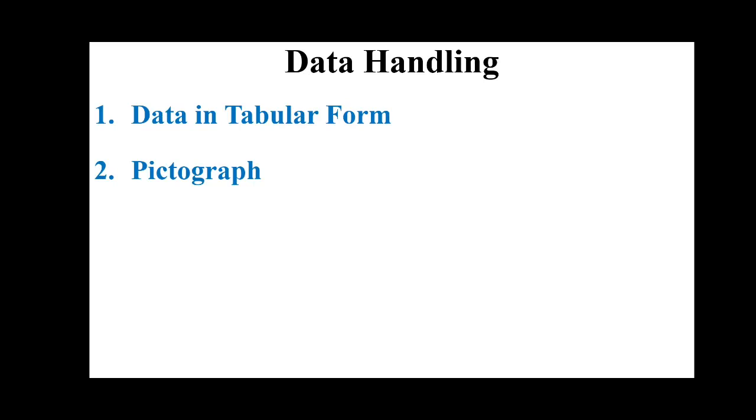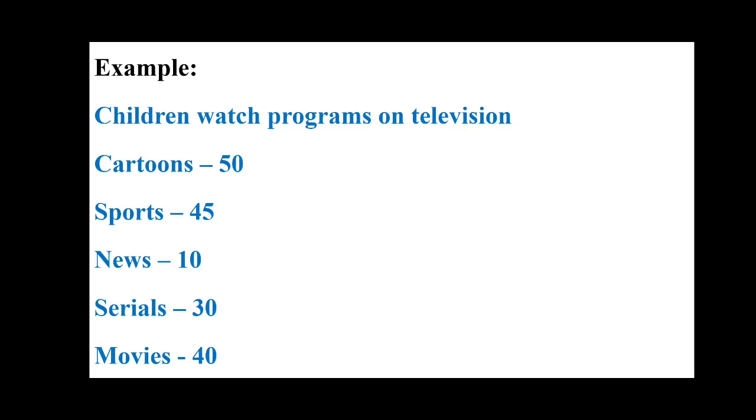That information may be about education, sports, bank record, or anything else. Here, to represent that information, we are using tabular form, pictograph, and bar graph. Tabular form and pictograph data representation we have already learned in the previous session.